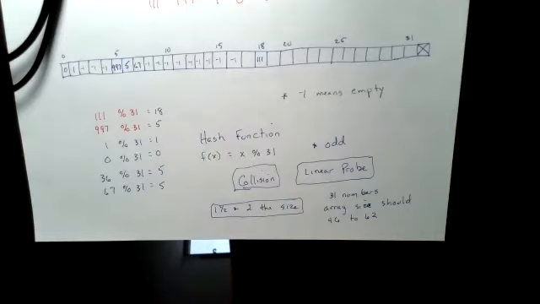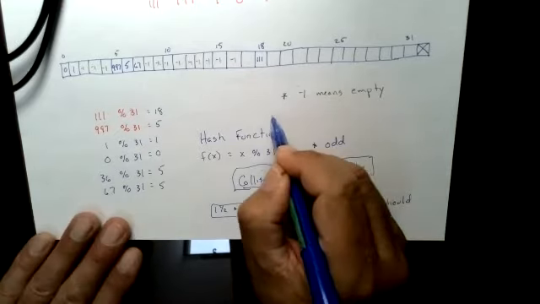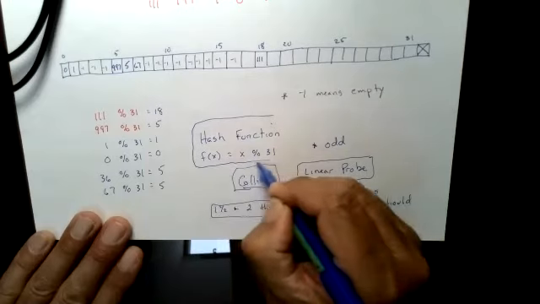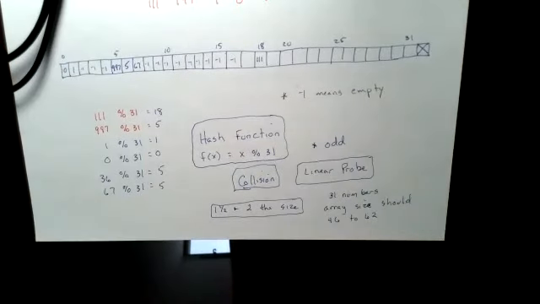No. Guess again. 46. No. Guess again. 56. Nope. Don't like 56. Guess again. 50. Nope. Don't like 50. Matthew's got it.